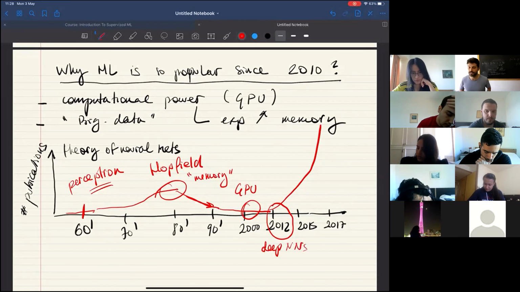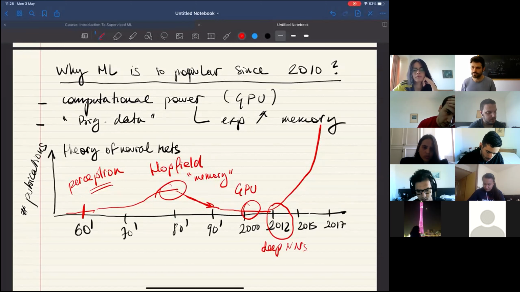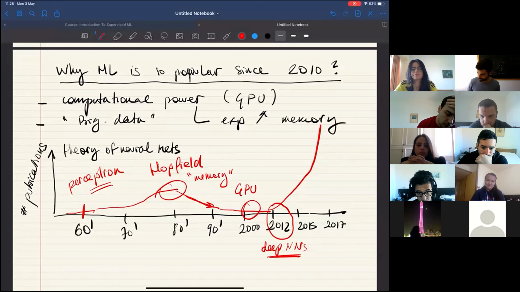And people, for the first time, solved extremely complicated tasks, which was the classification of huge data sets of images, with hundreds of different labels, different classes of images. You had thousands and thousands of images to classify, and these machines were able, for the first time, to solve this task around 2012.